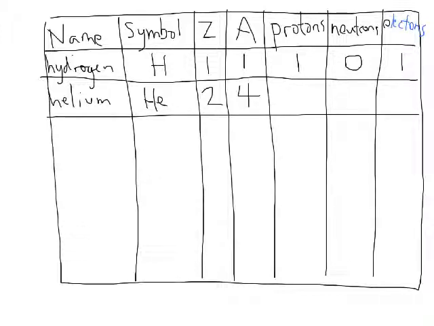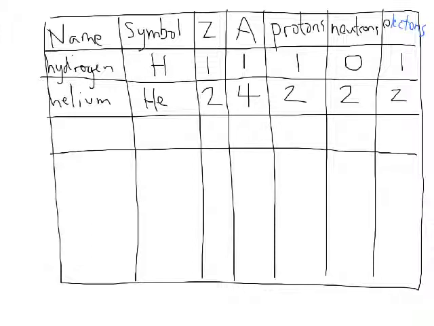That means the number of protons has to be a 2, because it's the same as the Z. Number of electrons has to be a 2, leaving our little gap. Now we know the weight is the protons and the neutrons, so if there's 2 protons and the weight's 4, then there've got to be 2 neutrons to make up that total of 4.